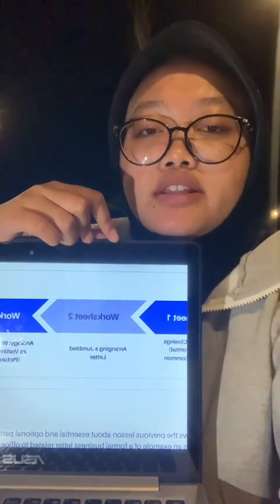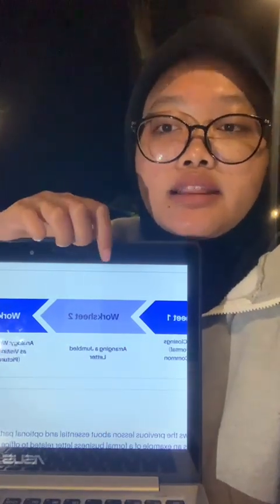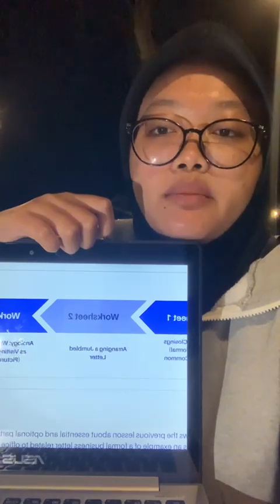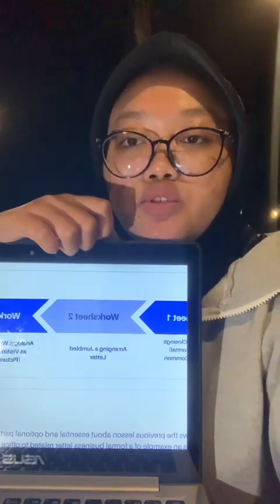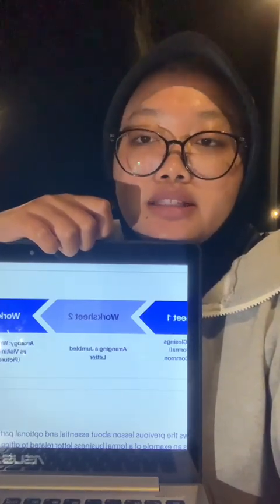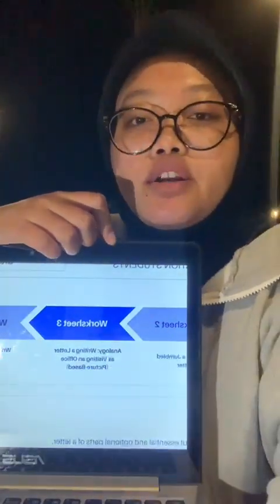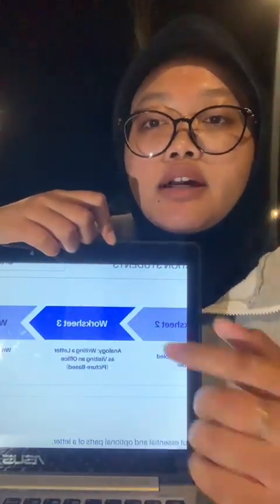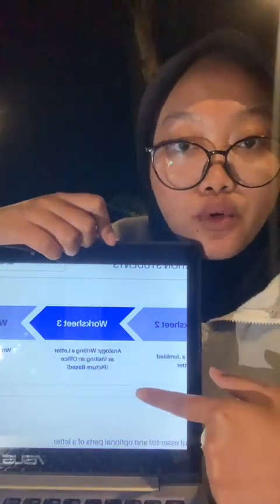Worksheet 2 is about arranging a jumbled letter. Students will arrange the mixed parts of a letter into a complete and correct business letter. In worksheet 3, I use an analogy-based learning approach.